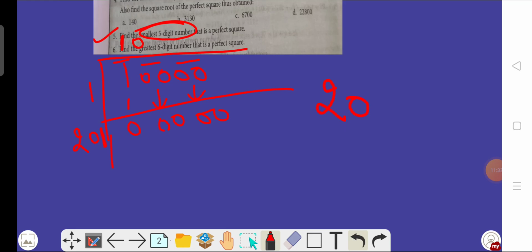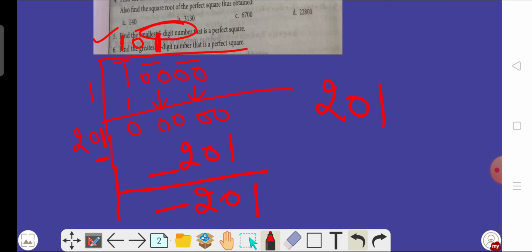we have to write here 1 beta. If we write here 1, then our quotient is also 1, and if we write here 201, then if we subtract, we will be left with minus 201.